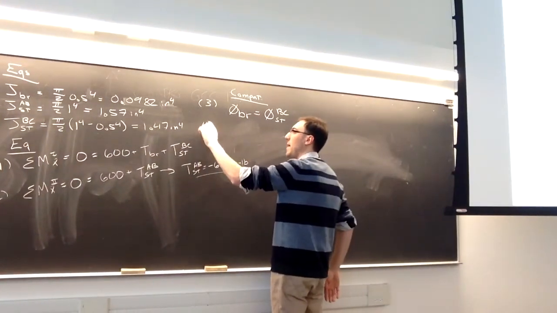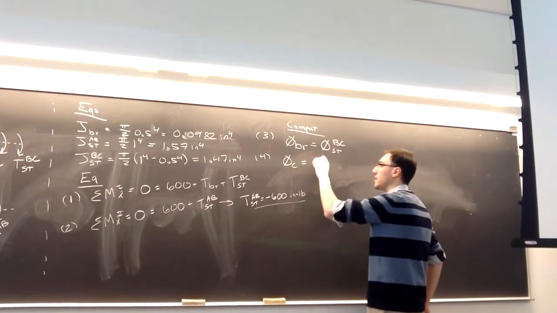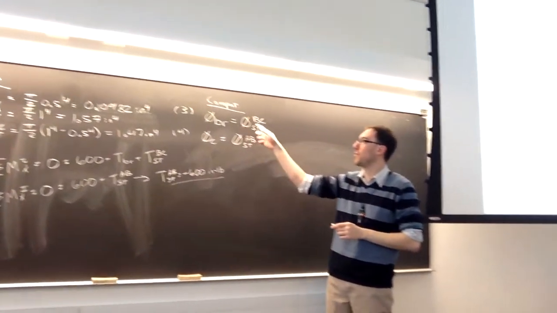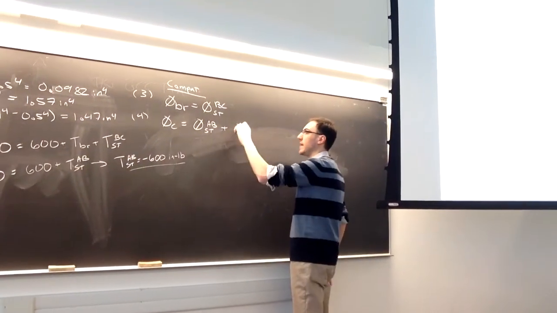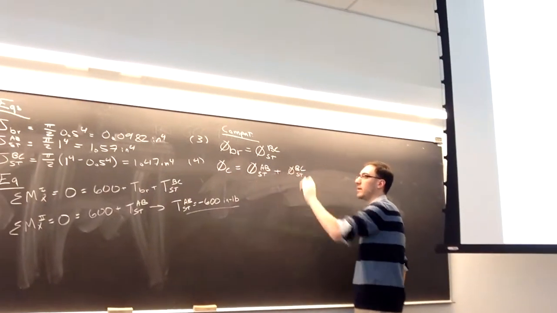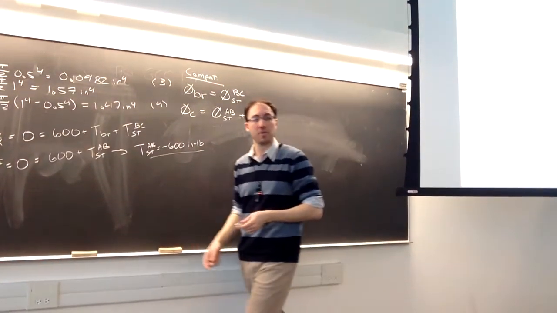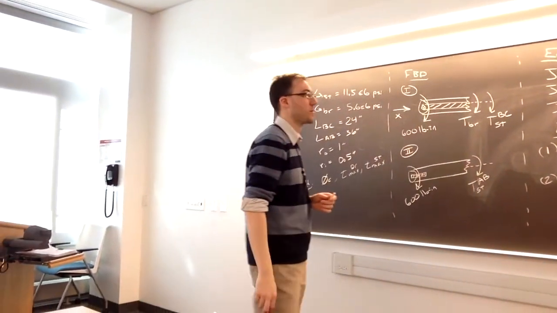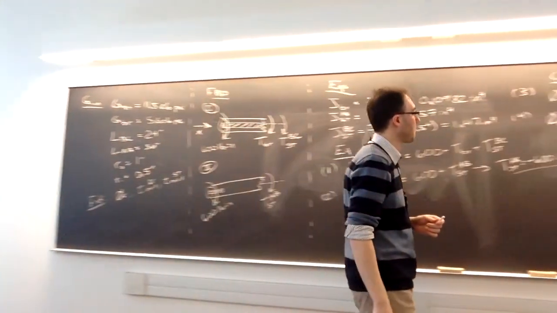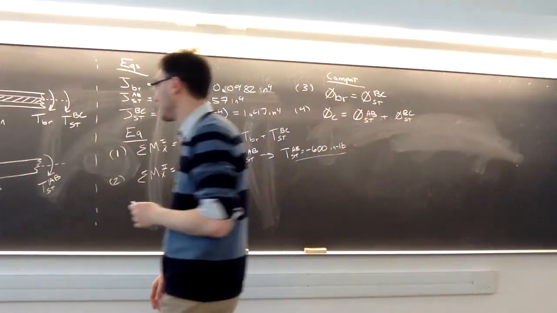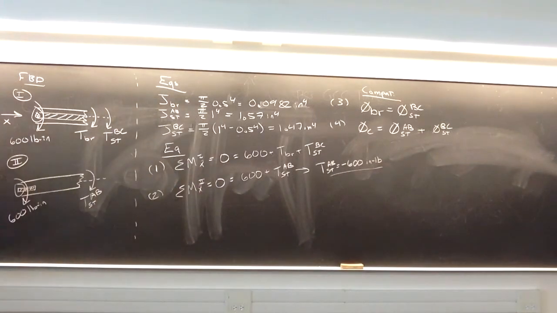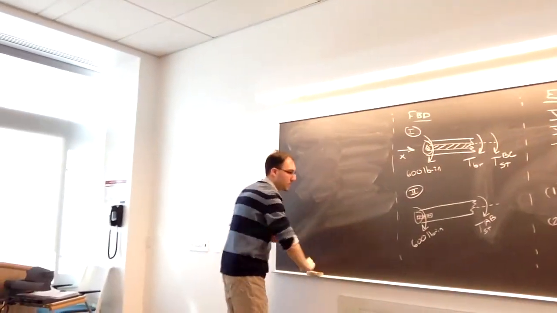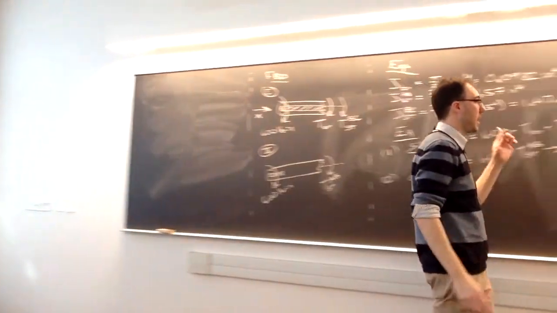So we actually need a second compatibility equation here. It's going to be the angle of twist in the steel from A to B plus, and it doesn't matter which other one I use because I already know they're equal, I'll just say the angle of twist in the steel from B to C. The sum of that is going to be the total twist at point C. So again, we had to see what we're asked to find.